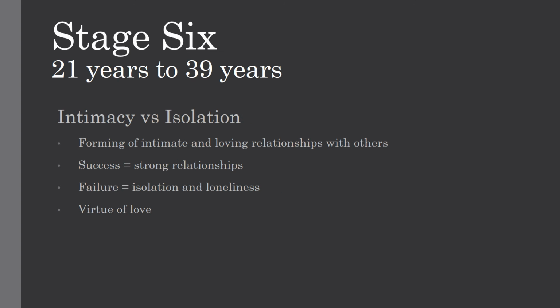Stage 6, 21 years to 39 years. Intimacy versus isolation. During this stage, again, it is a wide age range, and one may see many different developments during this stage.